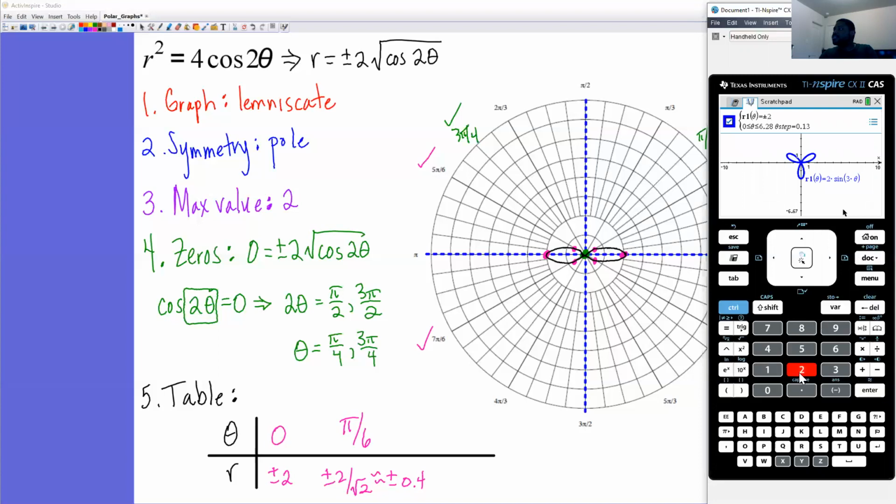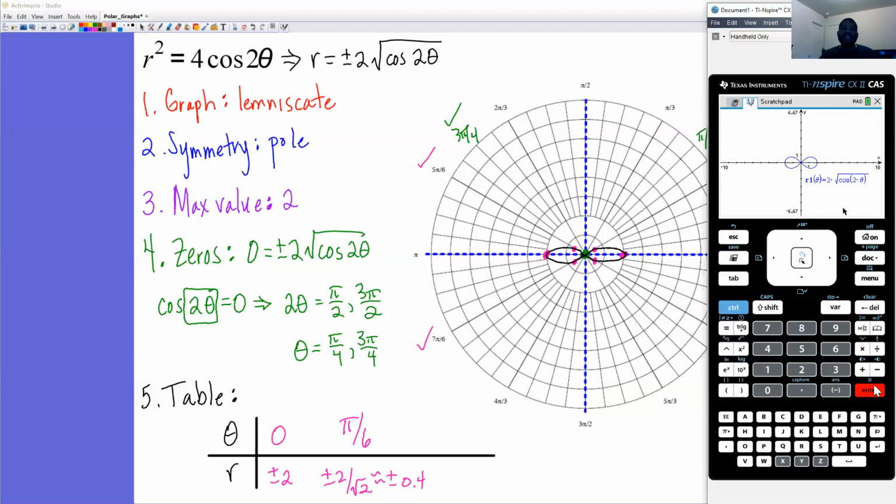So plus or minus 2, and then we need the square root, and then cosine 2 theta. Let's see what we get. It didn't draw anything for us. Okay, maybe it didn't understand it. Let's just get rid of that and see what it does. So it actually gave us the correct graph. We just didn't need the plus or minus in.